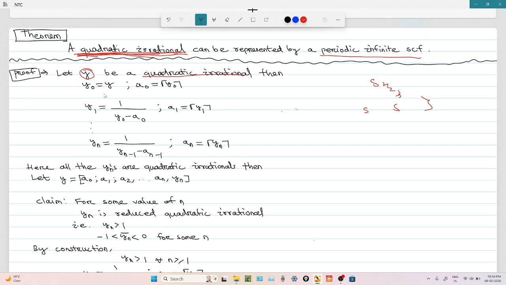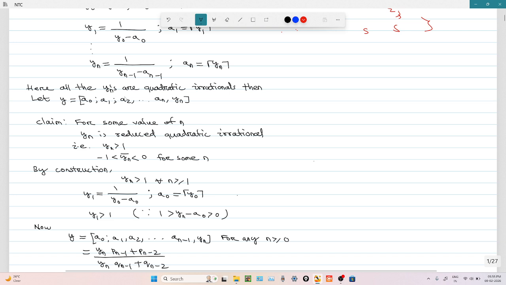Then we can write y0 equals y and a0 equals the greatest integer of y0, and y1 equals 1 by y0 minus a0, and a1 equals the greatest integer of y1, and so on, and yn equals 1 by yn minus 1 minus a n minus 1; an equals the greatest integer of yn.